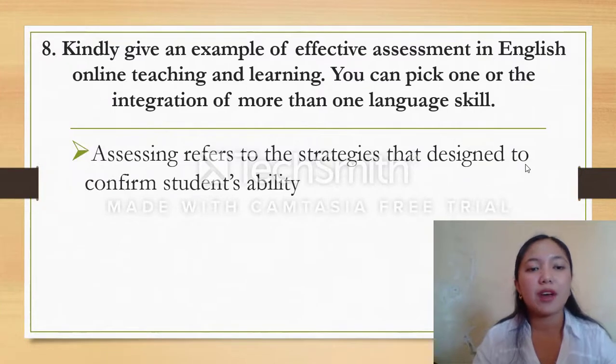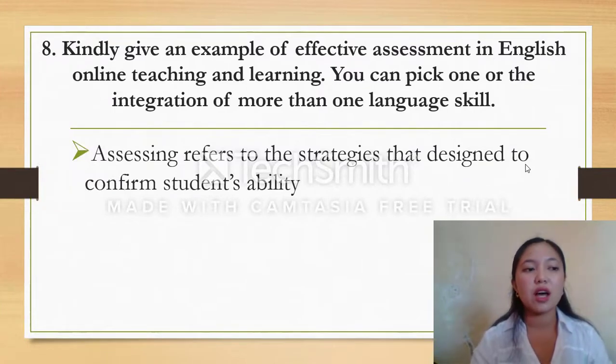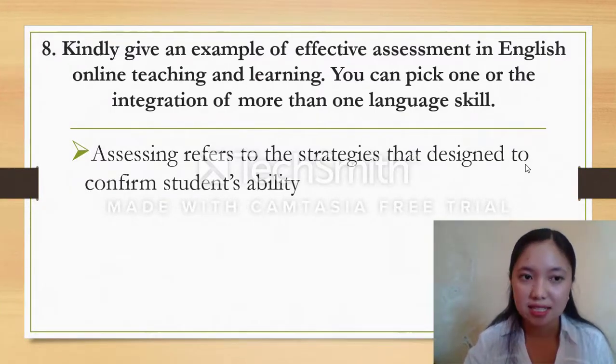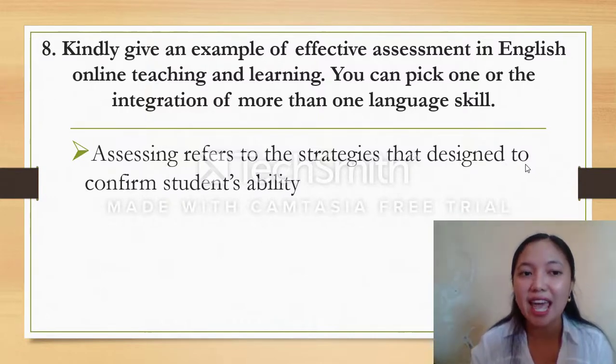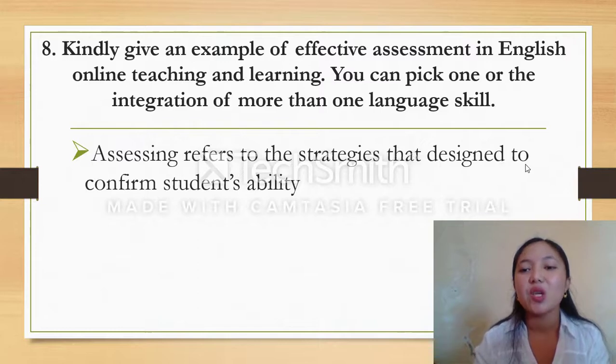And now moving on to number 8. Kindly give an example of effective assessment in English online teaching and learning. You can pick one or an integration of more than one language skill.